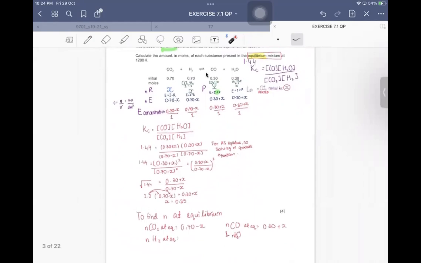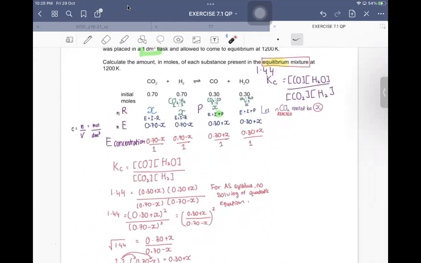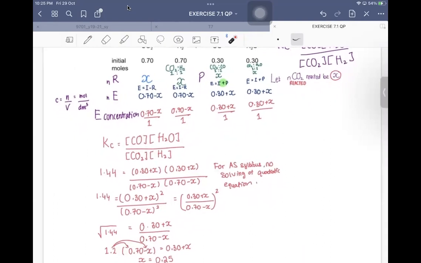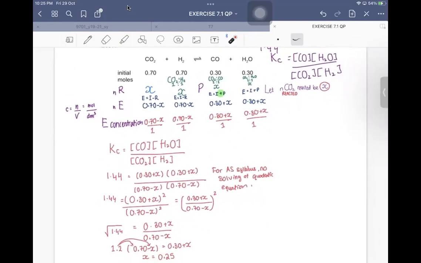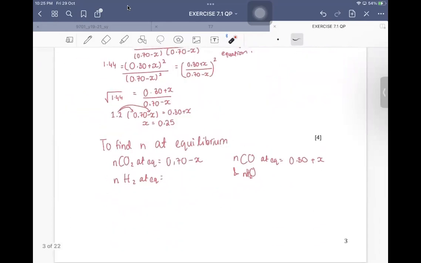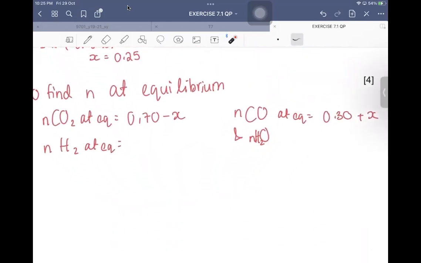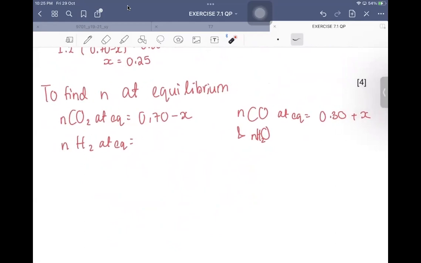Okay? I don't know how I'm going to zoom this, or whether you could see it. Maybe I will zoom to the first half of the screen, which is this. Okay, so if you want to stop here or screenshot this, you can take a screenshot now. And then at the bottom is how you find n at equilibrium.